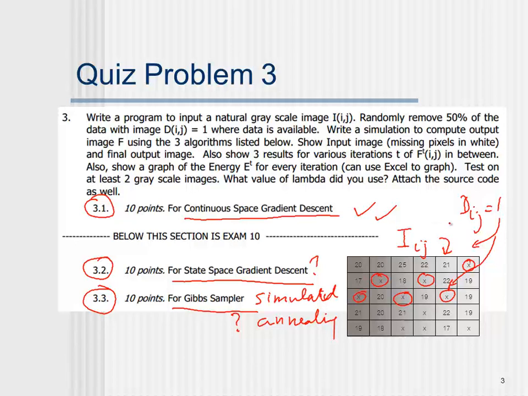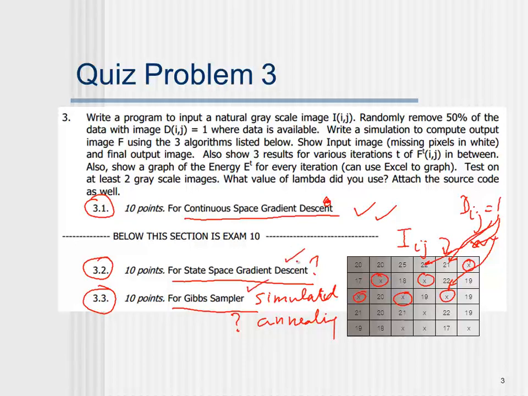Actually, let me correct that: dij means there is data, so it's for these points here. All right, so we're going to minimize energy, and I've shown you this in class already. I explained this method already, and today I'll explain it again in brief detail.